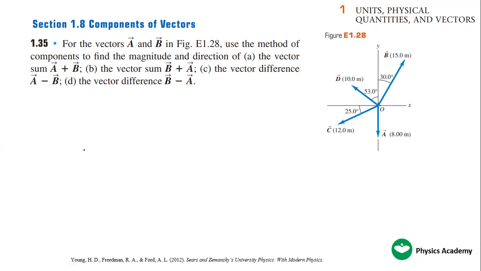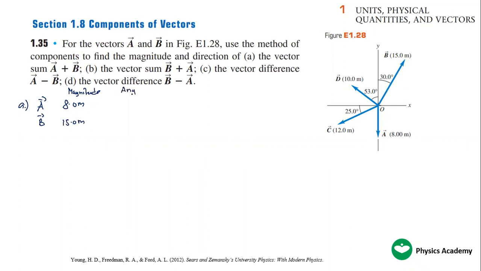So to answer this, let's answer first letter A. We're going to use the same method that we used in our previous videos. So we have the magnitude, which is 8.0 meters for A, and for B, we have 15.0 meters.